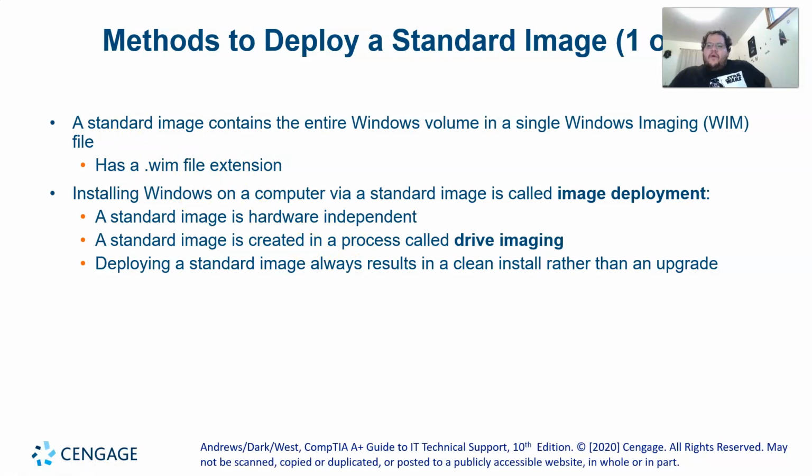Like Forward has a global client with all the programs they want built into Windows 10 when you're installing it, and then it's pushed out to all the computers when they need to be imaged or deployed. So a standard image is hardware compatible. A standard image is created and called a driver image, and deploying a standard image results in a clean install, not an upgrade.